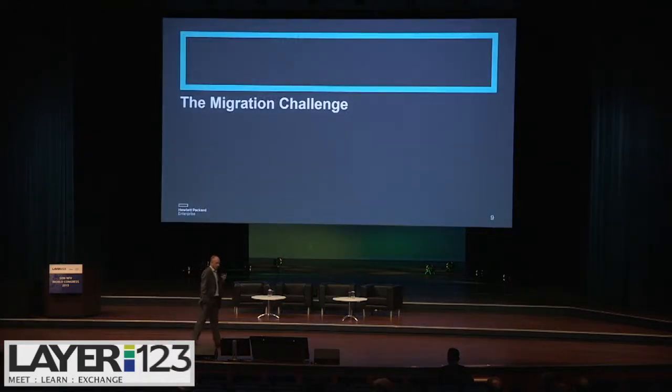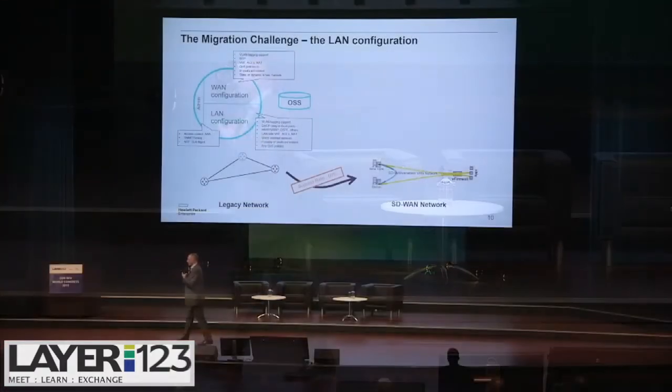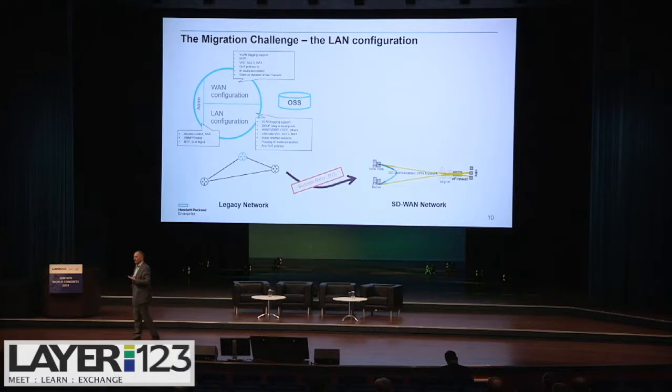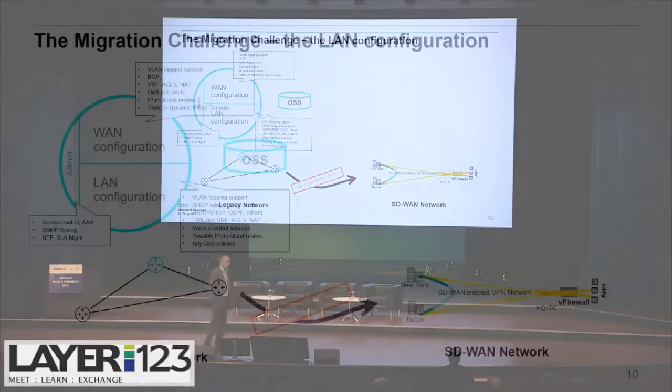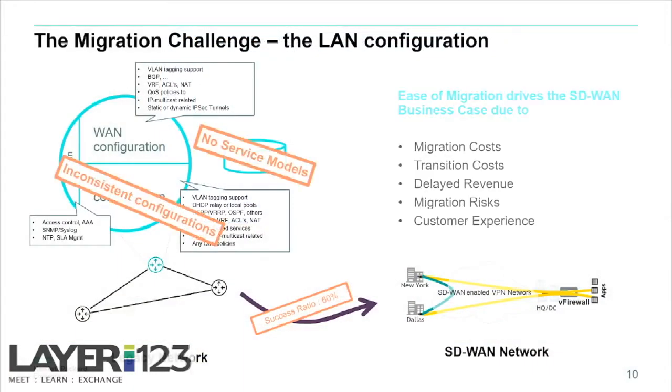The second, much more interesting case is the migration challenge. What's the problem? If we are migrating an MPLS network, we understand the core, we understand the edges, but the CPE devices, which constitute a huge volume of systems, are unmanaged and uncontrolled, because in most cases we have no service model in the OSS systems.